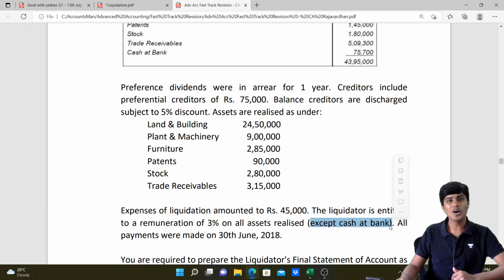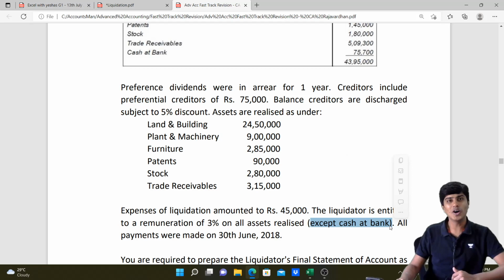Then we'll pay preferential creditors. They've told us preferential creditors are 75,000. Let us pay our preferential creditors 75,000. Then we pay debenture holders. Whatever we've done so far: land and building, plant and machinery, furniture, patents, stock, trade receivables, cash are done, and the creditors are partly done.